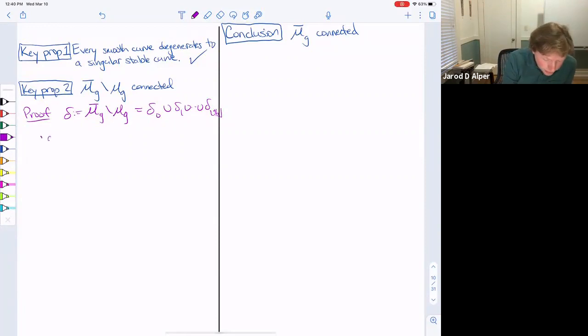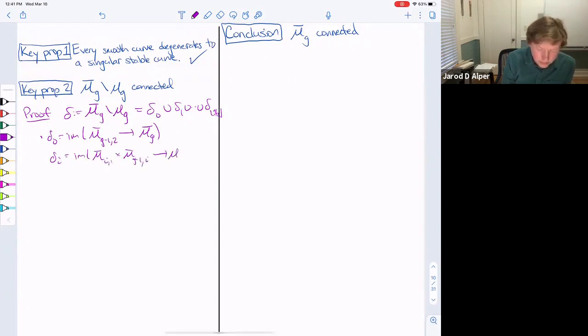We called delta 0 the image of the irreducible singular curves, from M_{g-1,2} bar to M_g bar, and then delta i was the image of the reducible curves into M_g bar.